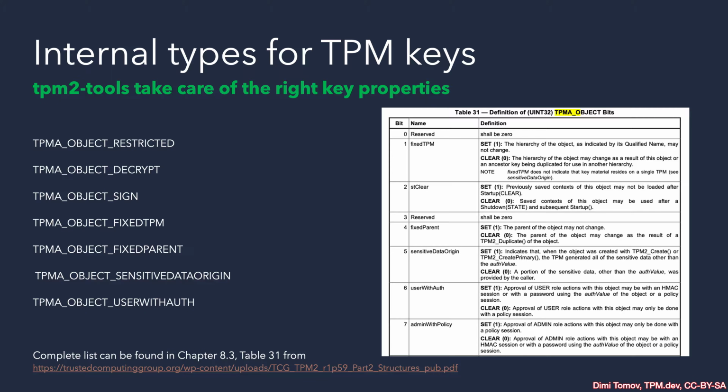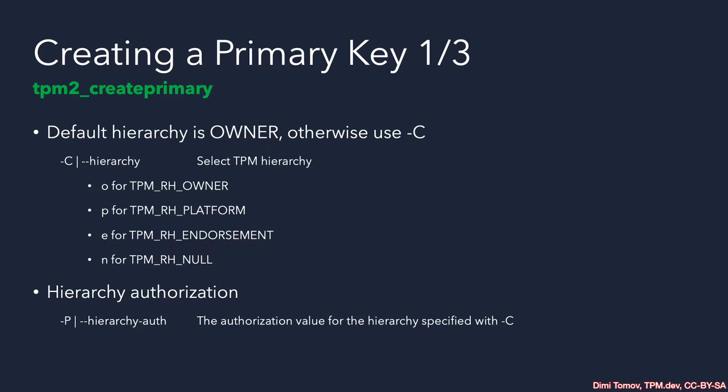If you're interested, check the TCG specification for the TPM library. I've given the exact table where this information is. To create a primary key, we have a TPM2 tool with a familiar name. Please note that it is a one-word, createprimary.